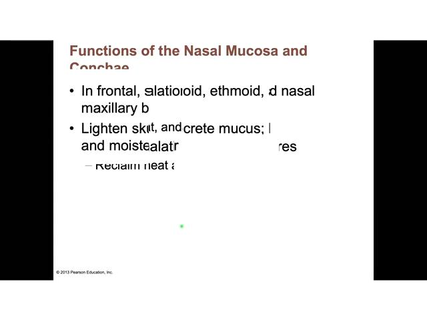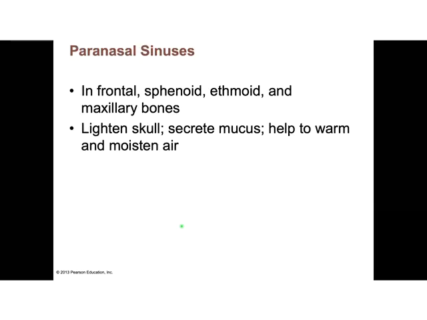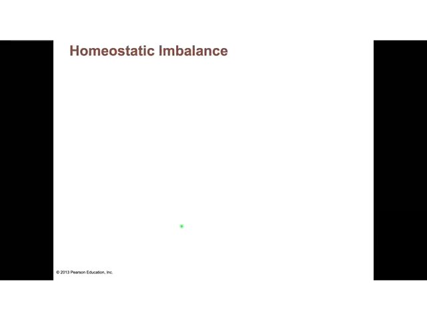The paranasal sinuses surround the nasal cavity, and you find them in the frontal, sphenoid, ethmoid, and maxillary bones. They create a large open space connected by labyrinthine passageways from sinus to sinus. They lighten the skull, they serve as resonating chambers, they secrete mucus, and they help to warm and moisten the air.